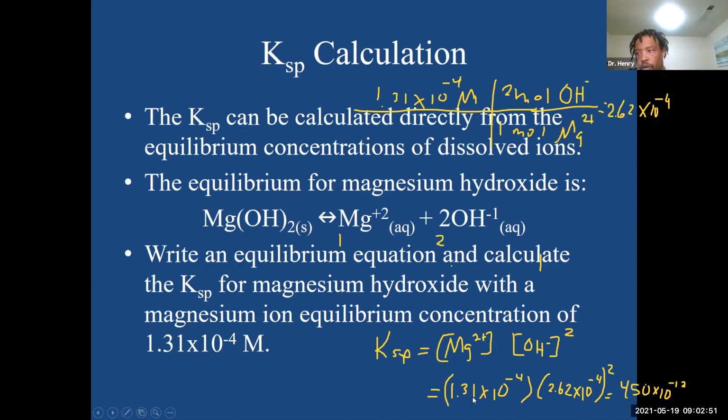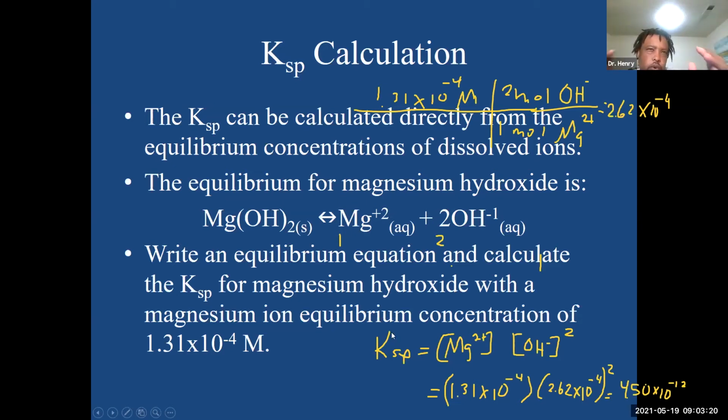In the case of the 1.31 times 10 to the minus 4, if instead we had 6.00 times 10 to the minus 4, which way is it going to push the reaction? Is it going to go towards the products or towards the reactants?